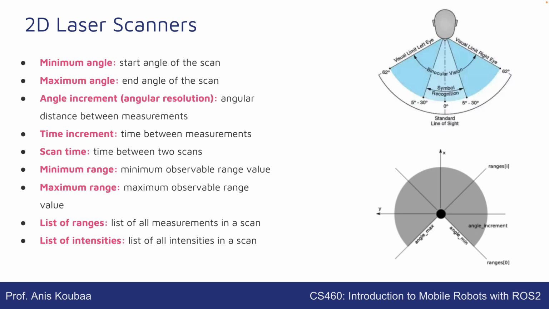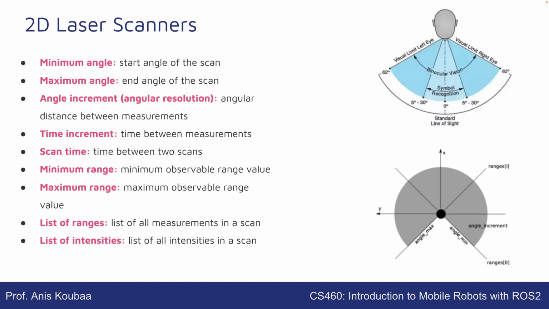Imagine that the angle increment is 60 degrees. How many obstacles will you detect? Three: minimum, middle, and maximum. Sorry, if you have 120 degrees and the increment is 60, you'll have 3 points: the left one, the middle one, and the right one.